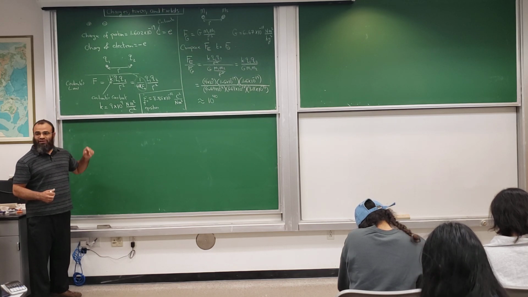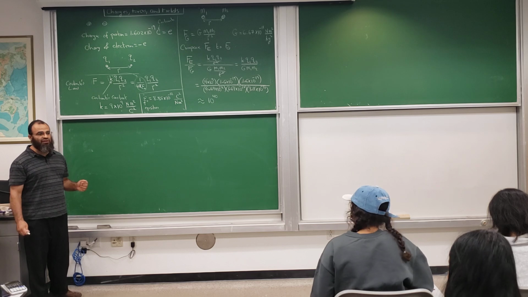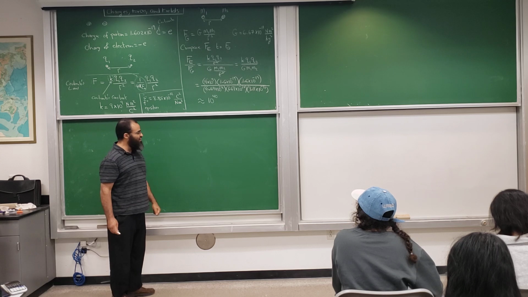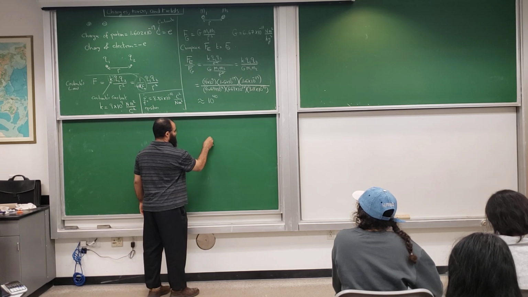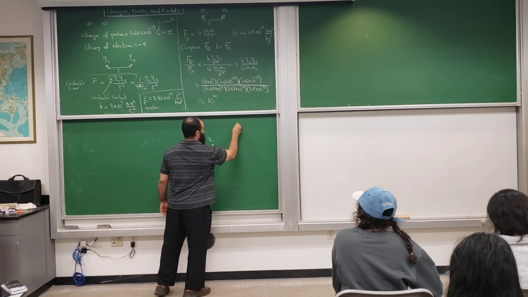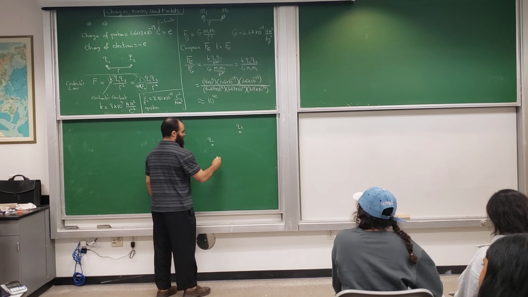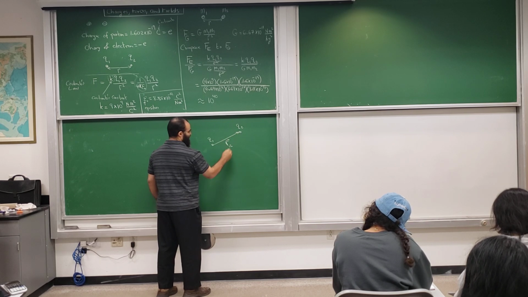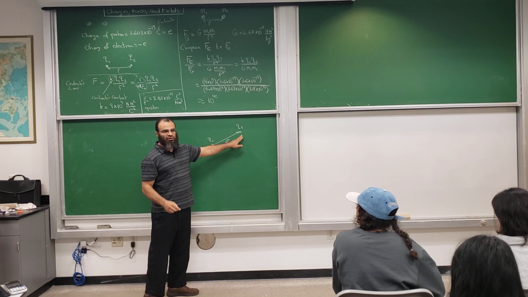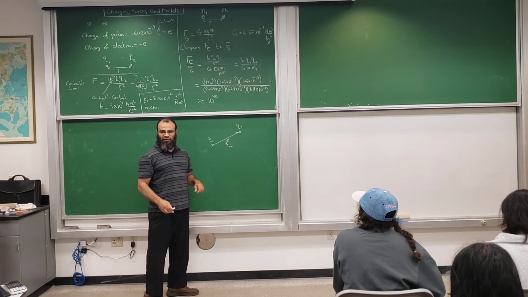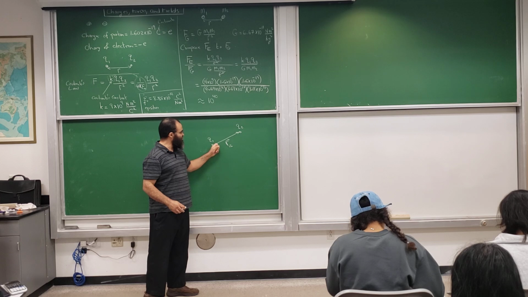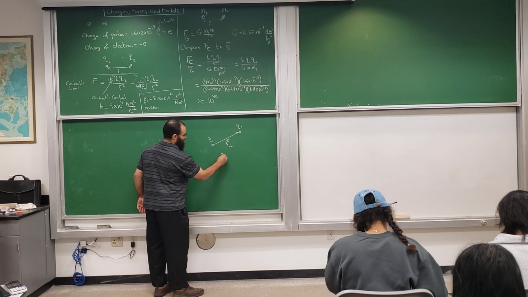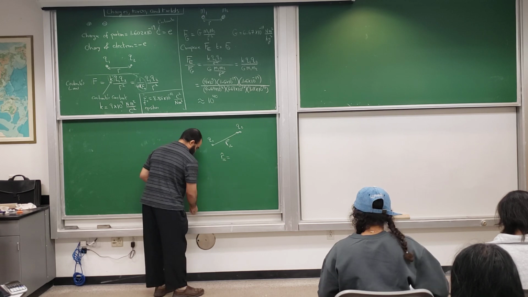Okay, now the vectors. Let's talk about them, because forces are vectors, and we care about direction. Here is Q1, and here is Q2, charge 1 and charge 2, and here is a vector R12. R12 is a vector that points from charge 1 to charge 2.